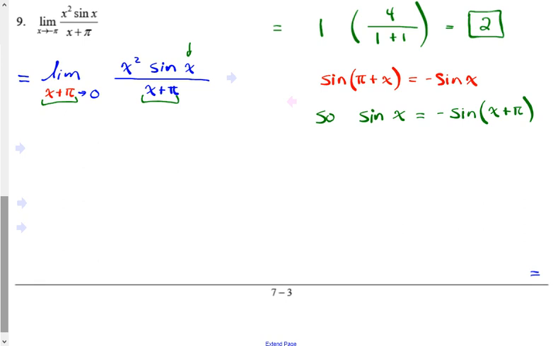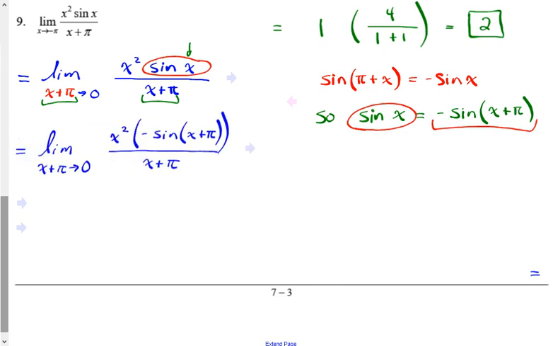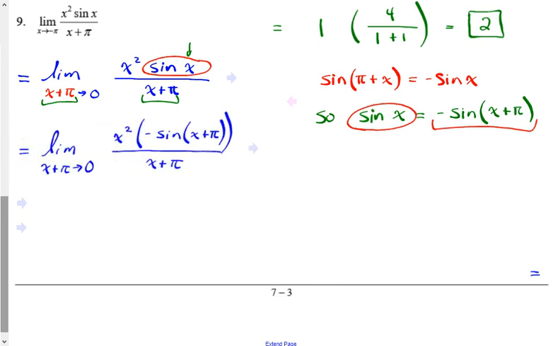So I can do a substitution. And since sine x equals all of this, I can replace this sine x with a negative sine of x plus pi. And that's what I've done here. Now maybe you want to pause the video and finish this off.